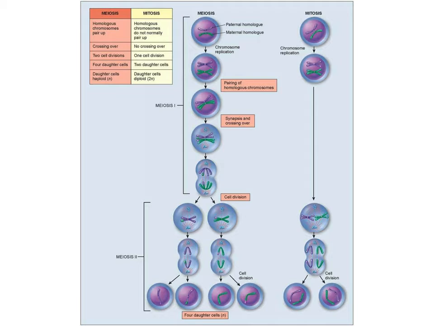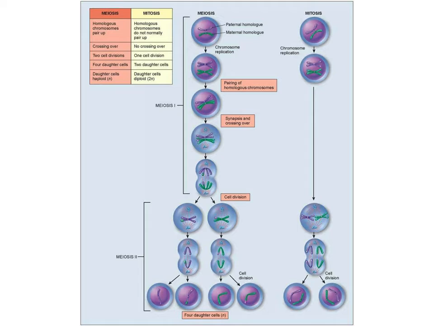Okay, we then enter meiosis 2, and the second meiotic division occurs without a preceding round of DNA synthesis and chromosome duplication. In meiosis 2, the 2 chromatids of a chromosome will move to opposite daughter cells, and this is how we end up with 1 chromatid in each haploid daughter cell.